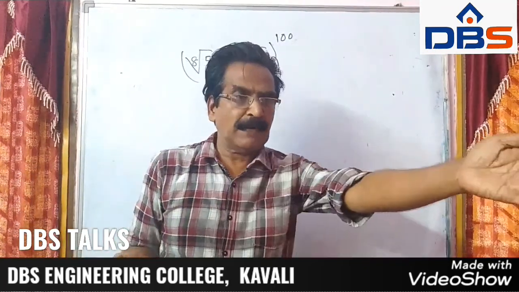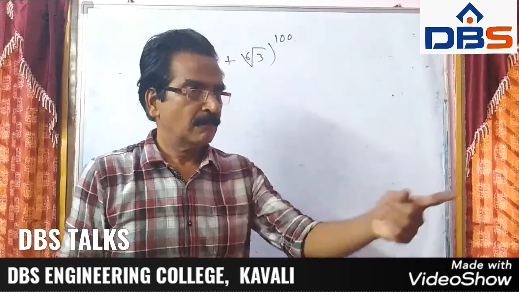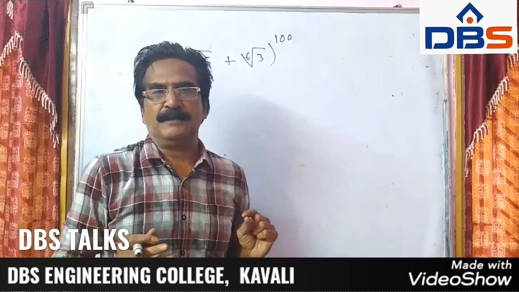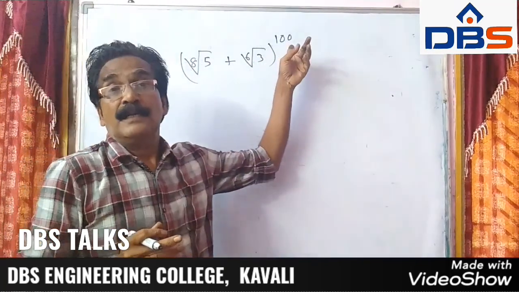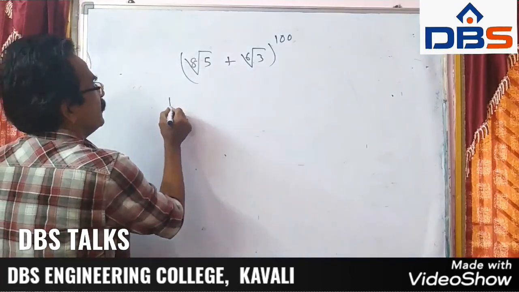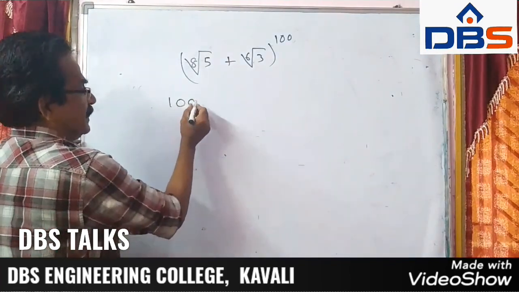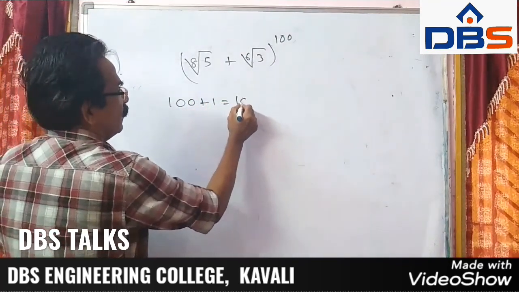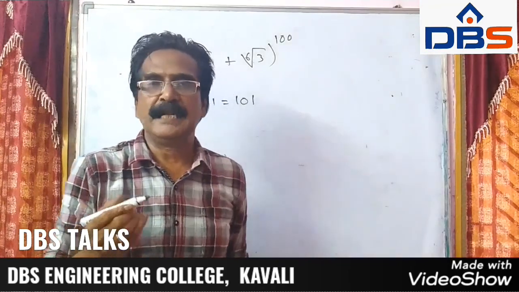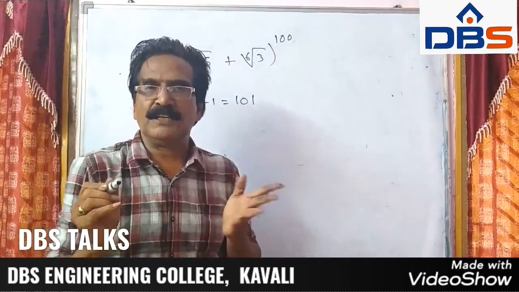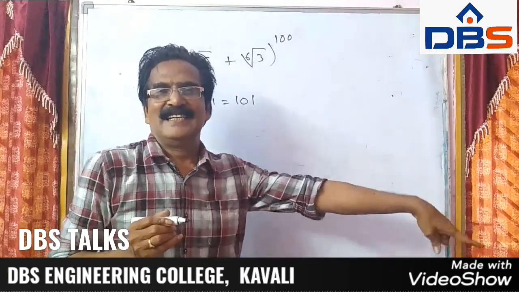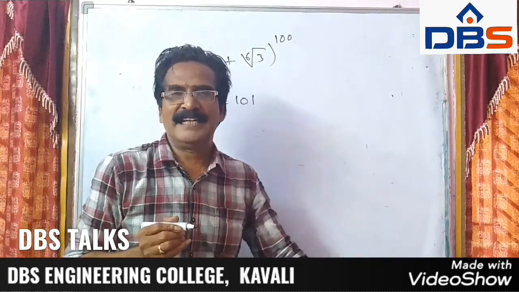We know the total number of terms. Here n is 100. The total number of terms is n plus 1, 100 plus 1, that is 101 terms. Minus integral terms or rational terms.